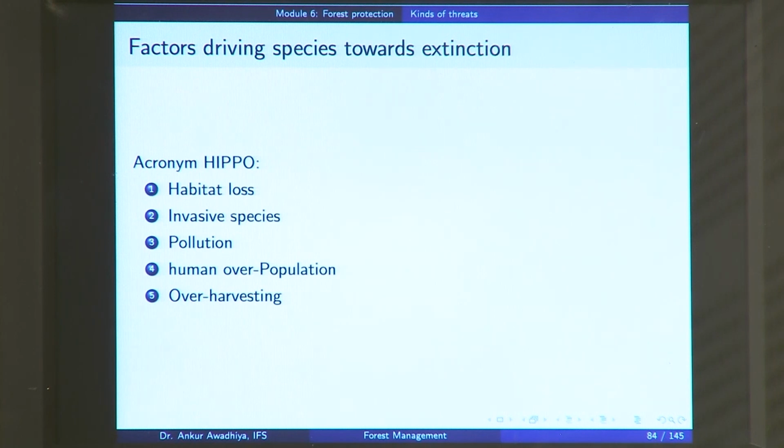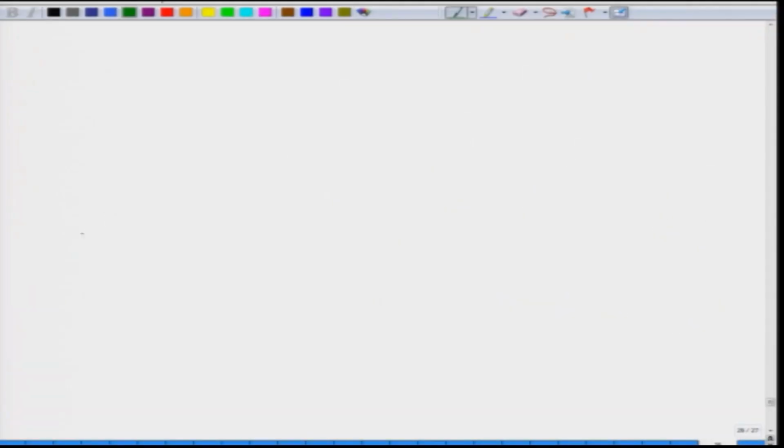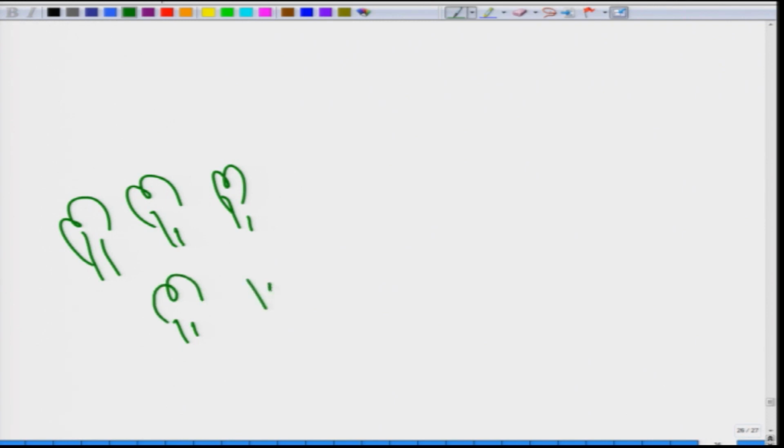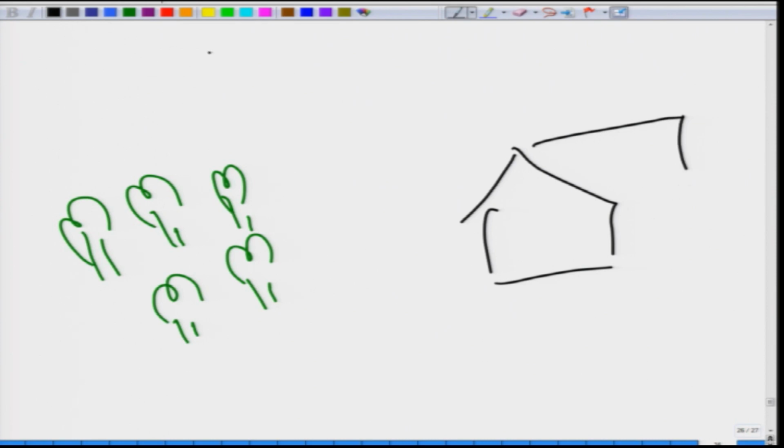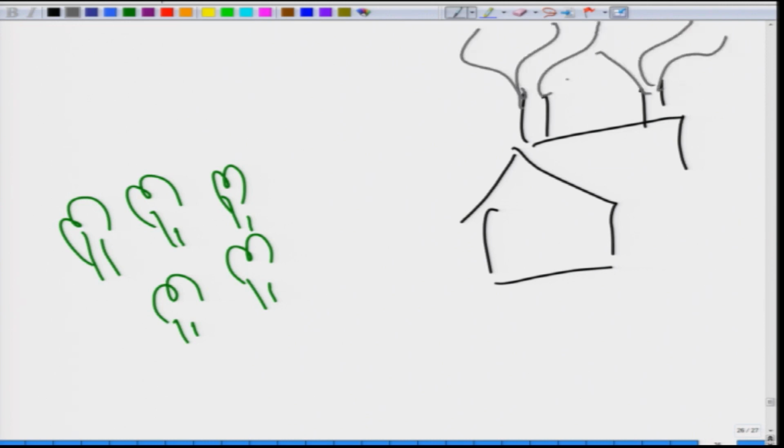Pollution. So, if there is an industry, so you have a forest in this area, and in this area an industry comes up, and this industry is releasing sulfur rich fumes.